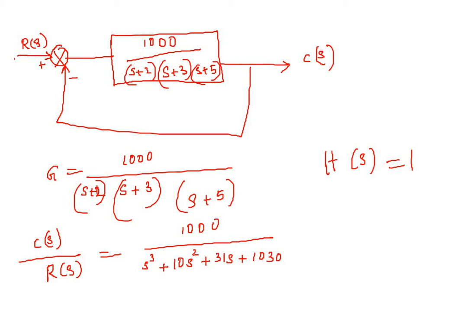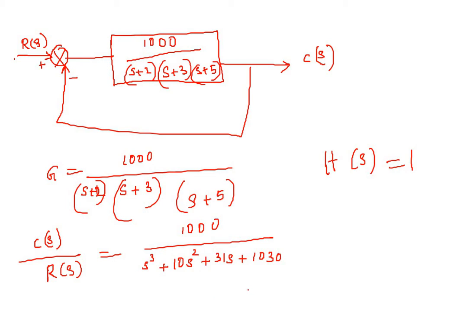Now we have to write the characteristic equation of the system. So what is the characteristic equation? From the closed loop transfer function, take the denominator and equate it to 0.